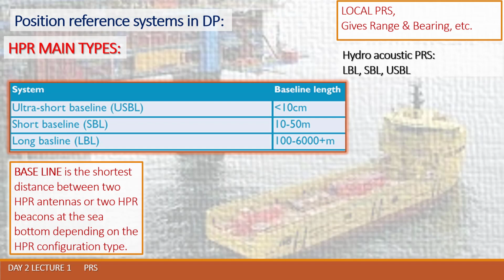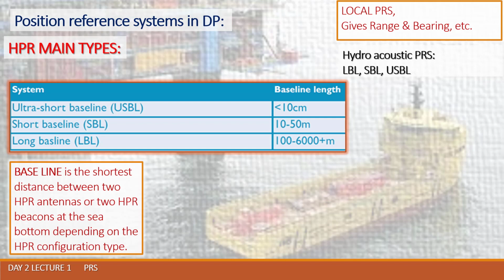For long baseline equipment, we have the longest distance between elements, and here we have the next borders: from 100 to 6,000 meters and more, maximum up to 10,000 meters.